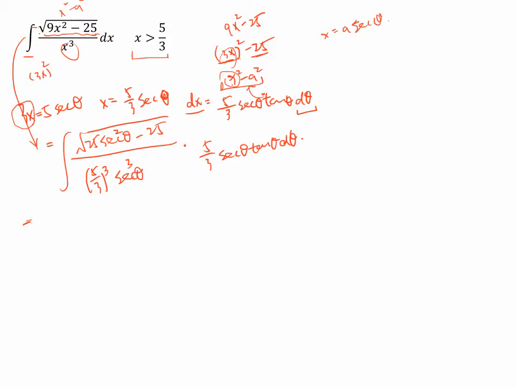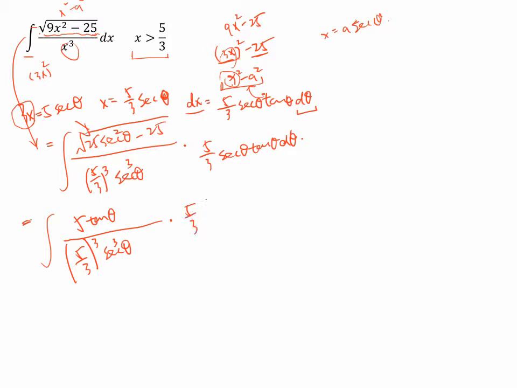Okay, so let's solve this part first and then do some simplification. The square root part is simply 5 tangent theta. You take the 25 out, take the square root, and secant theta squared minus 1 gives you tangent theta.